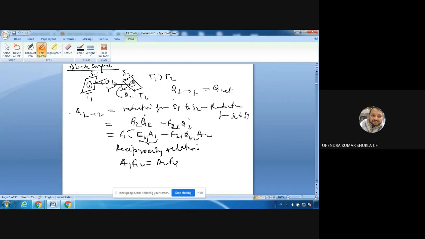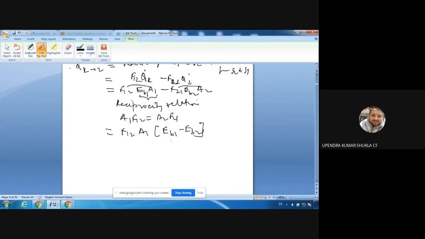This means that these two are the same, so we can take them common. So you take F12 A1 common, times (Eb1 minus Eb2) in the case of black bodies. Now you know Eb1, the emissive power of a black body through the Stefan-Boltzmann law, is sigma T1 to the power 4, and Eb2 is sigma T2 to the power 4.